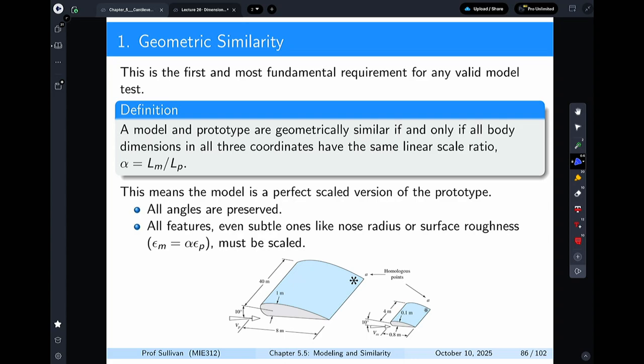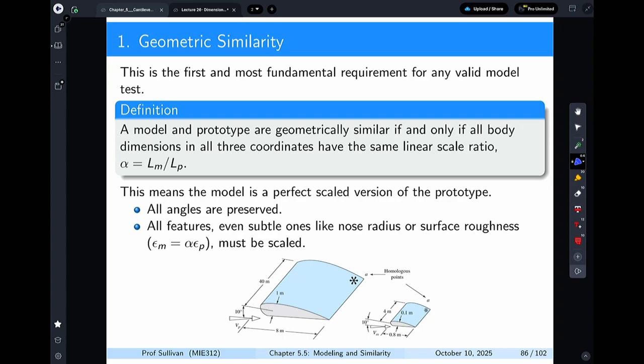Where we have 150 plus years of experience is geometric similarity. We've been able to machine models that match up to the cases that we're interested in pretty well. A model and a prototype are geometrically similar if and only if all body dimensions in all three coordinates have the same linear scale, alpha, L of the model over L of the prototype.